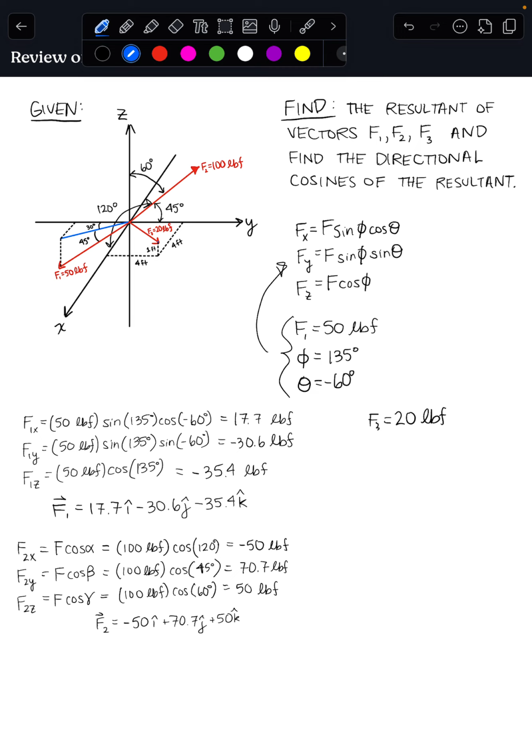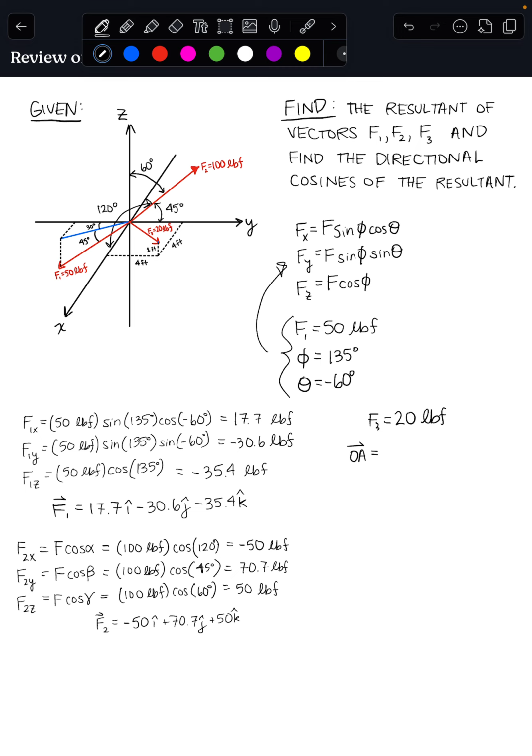So we're making a displacement vector from O, our origin, up to the tip of F3. And that displacement vector, let's call it vector OA. And to make our displacement vector, we need to take the point A and subtract point O, which is all zeros. So what we're going to end up with is just our distances or our coordinate points for point A.